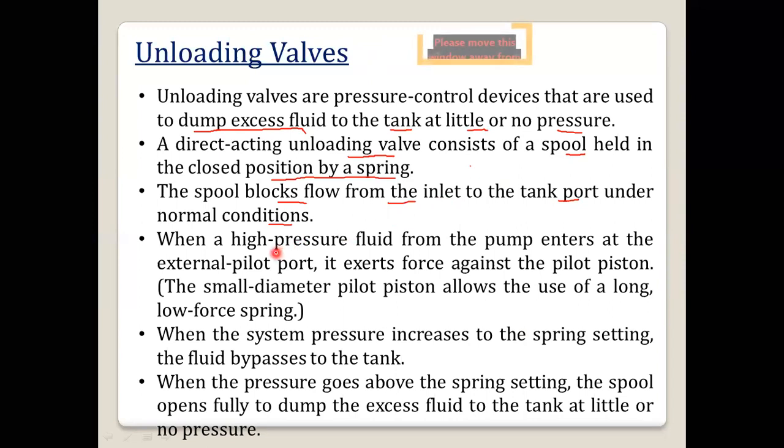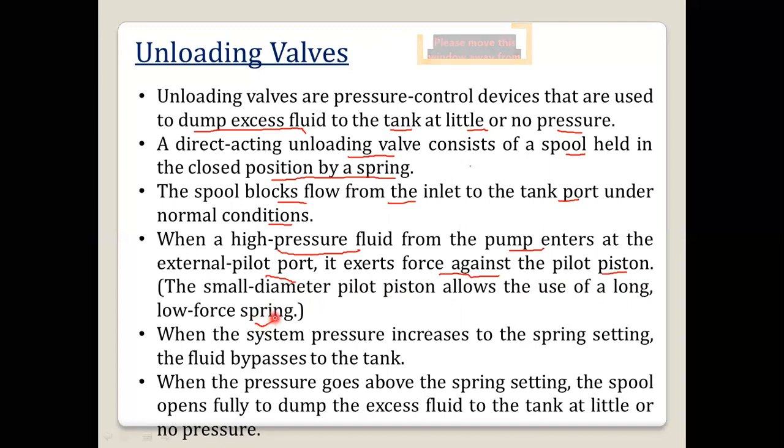So here is what happens in the unloading valve. When high pressure fluid from the pump enters at the external pilot port, it exerts force against the pilot piston. That means the small diameter piston allows the use of a long, low force spring.